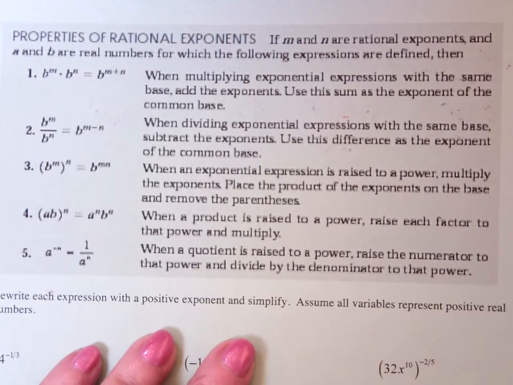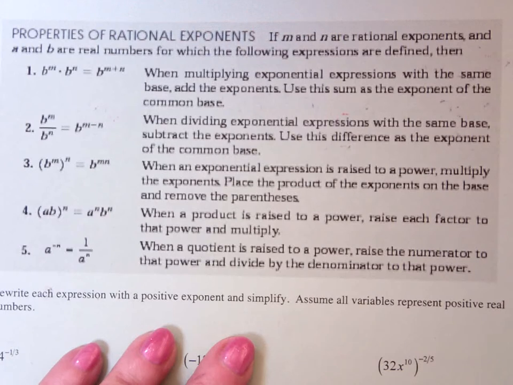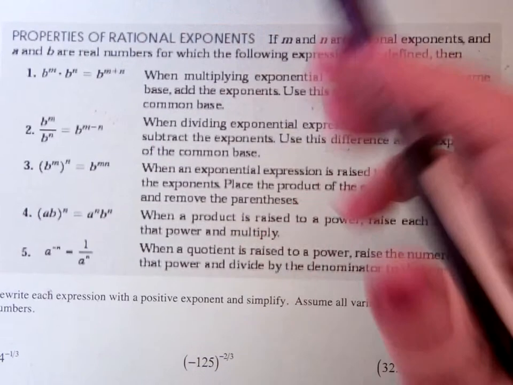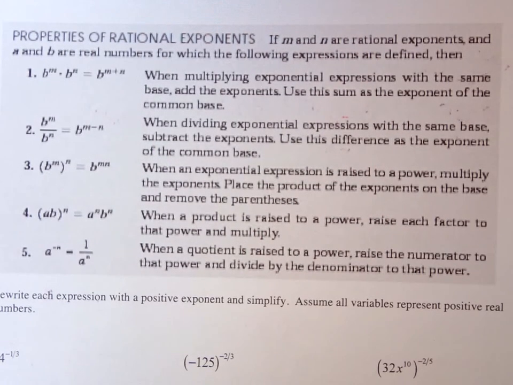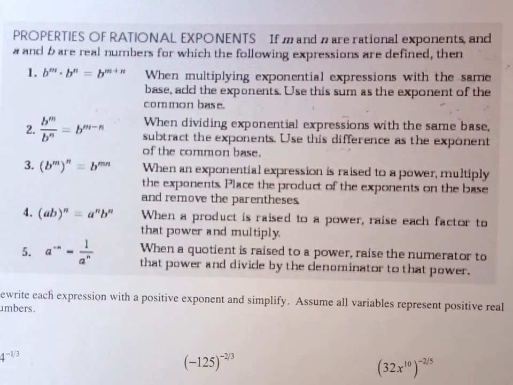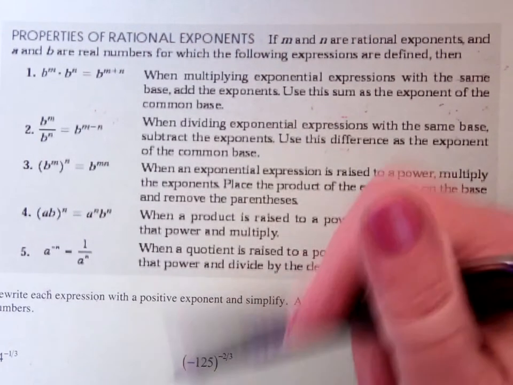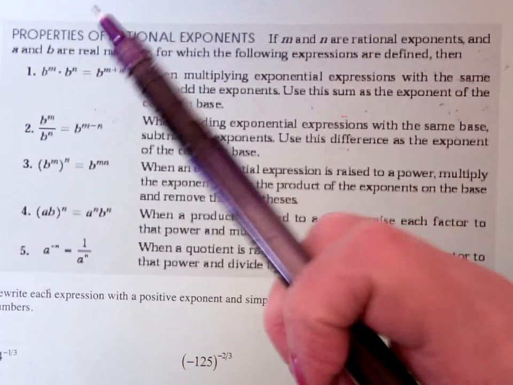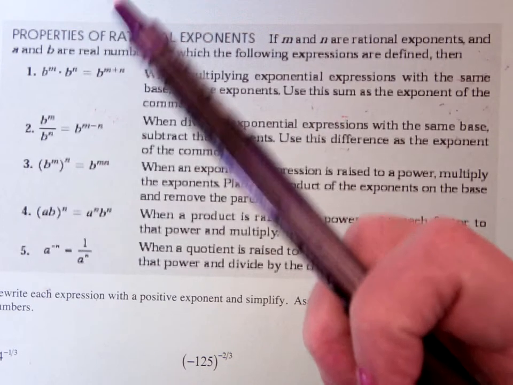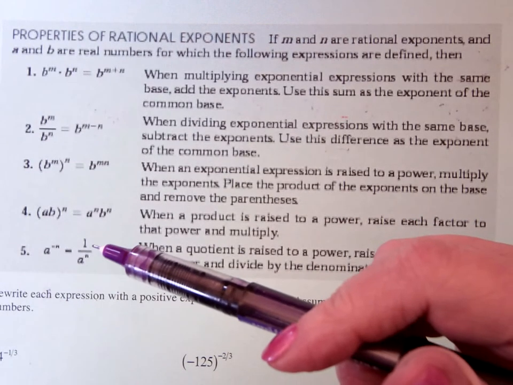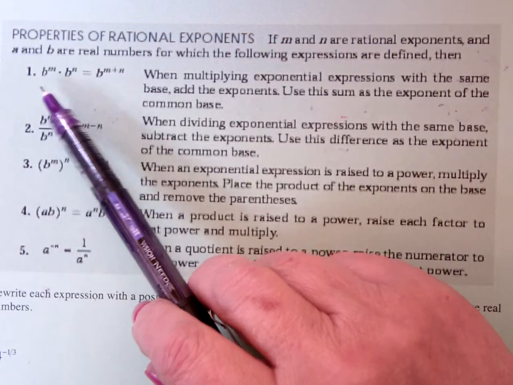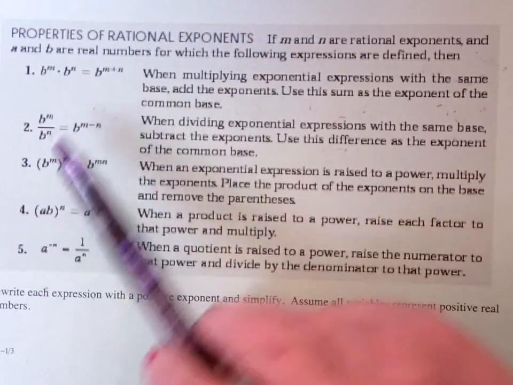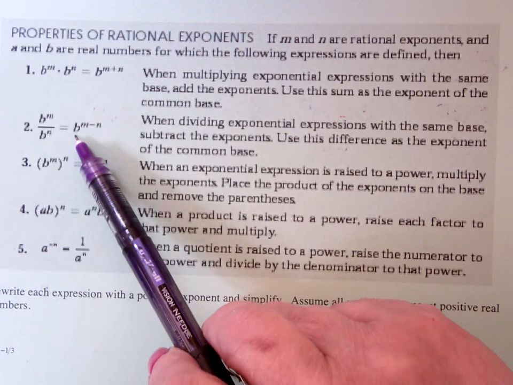Now, this is the power of fractional exponents. The power of rewriting these radicals, which are symbols, into fractions is that we have all the properties of exponents, because the exponents become numbers, which means I can add them, subtract them, and multiply them. So you have the good old b to the m times b to the n is b to the m plus n. b to the m divided by b to the n is b to the m minus n.